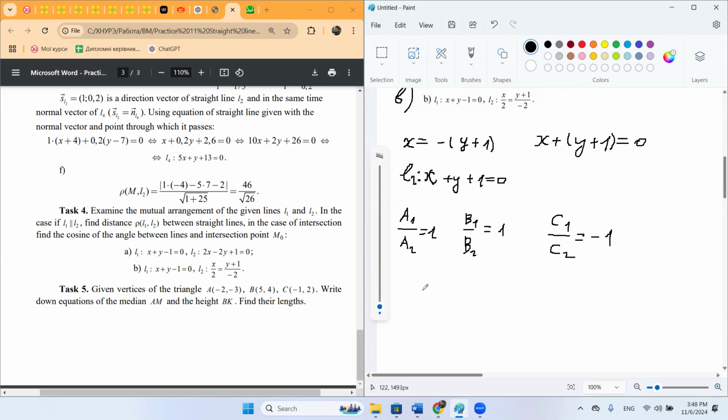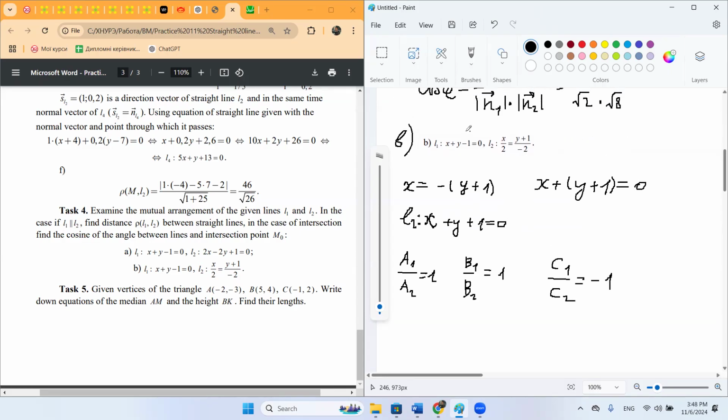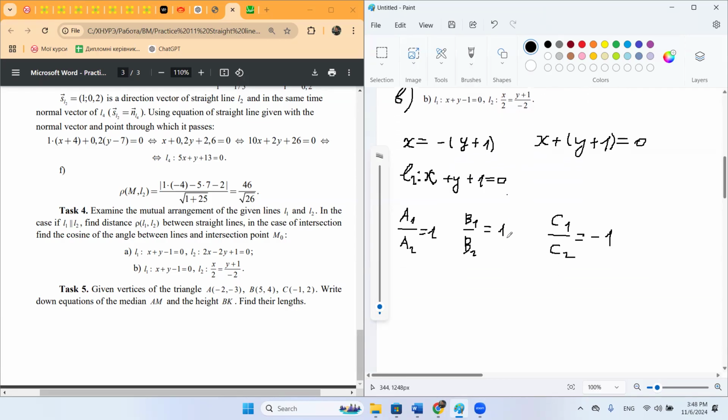Okay, so as I see, these equations are quite convenient. So what do you suggest? Suggest your point and the line. Who wants? On which line? It's your right to select.